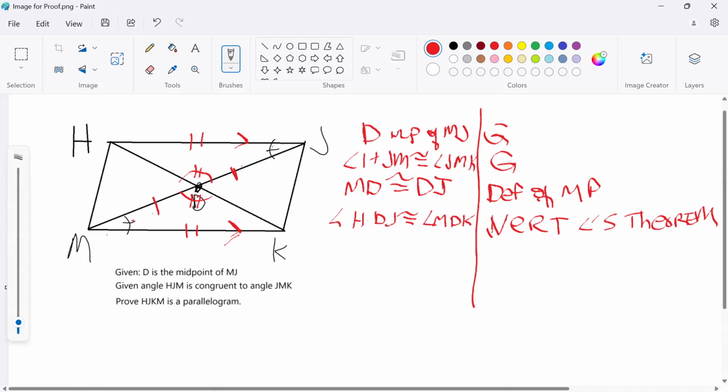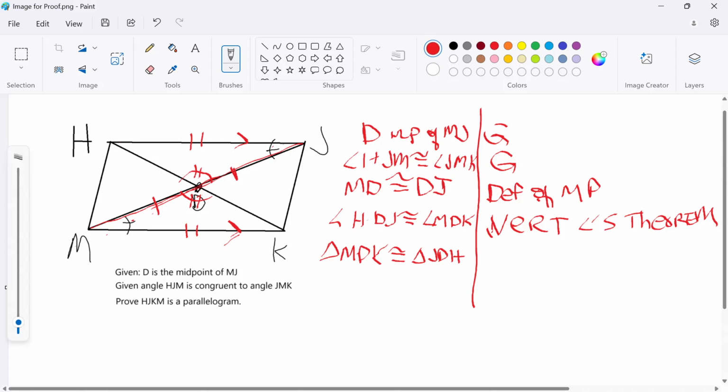So now I know that HDJ and MDK are vertical angles, and now I know that triangle MDK is congruent to triangle JDH. And notice I named them, so I'm starting with the side that I know is the same.